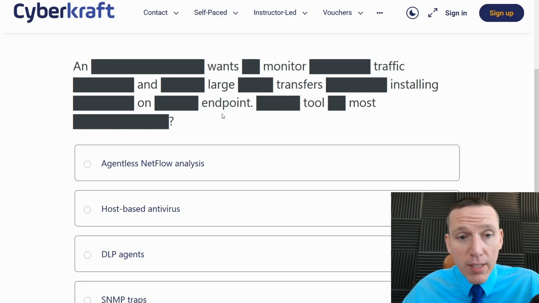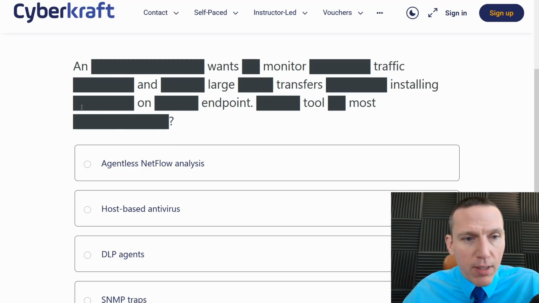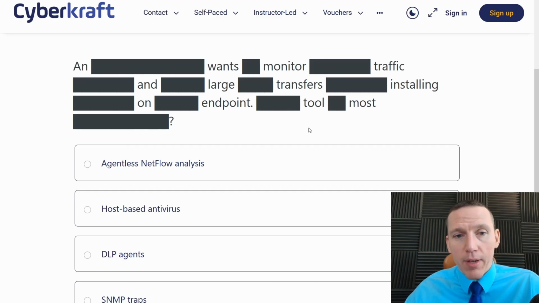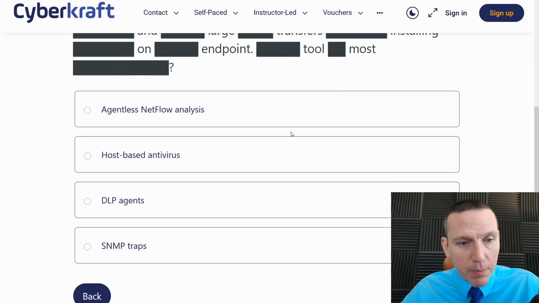So by installing something on an endpoint, this without installing something on each endpoint, which tool is most appropriate? If you want to monitor traffic and transfers without installing something on an endpoint, it wouldn't be host-based. It wouldn't be an agent.